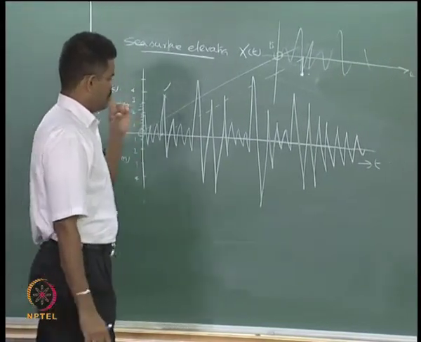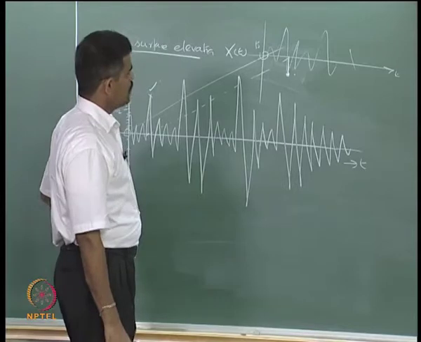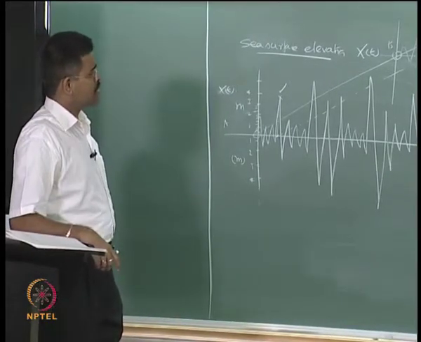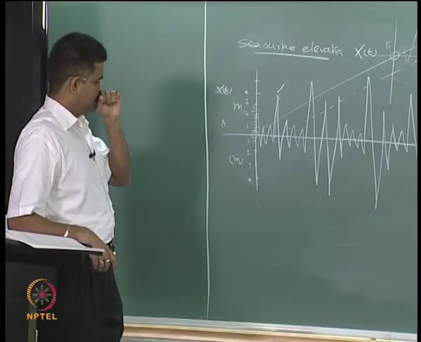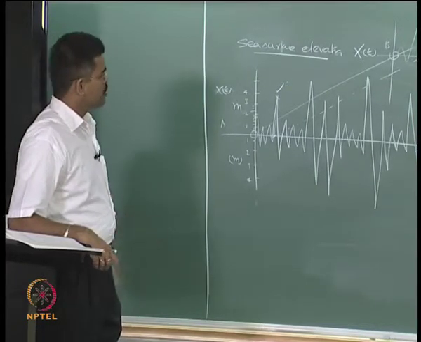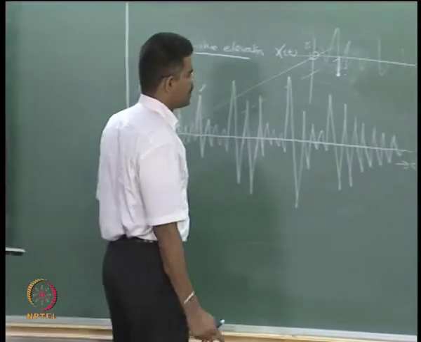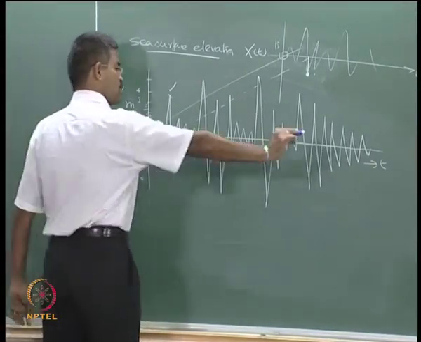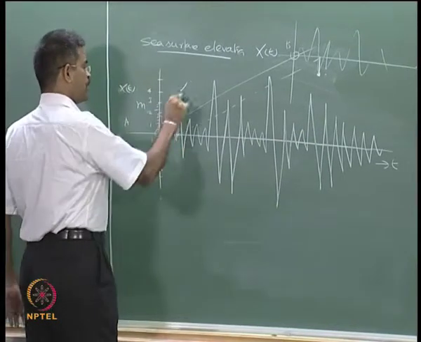Both of these processes generated complexities because we really do not know, at any given point of time t in a record length of capital T, what the elevation actually is.